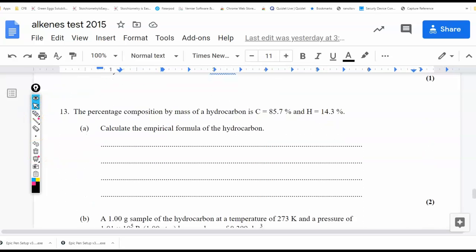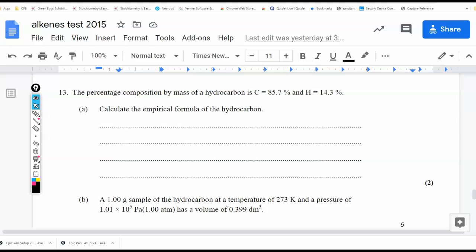All right. This next part is about the percent composition by mass of a hydrocarbon, and this kind of thing you will see on the test, so I do want to take the time to go over this with you so that we can make sure that we understand how to do this. The first thing we're going to do is recognize that we are doing an empirical formula calculation.